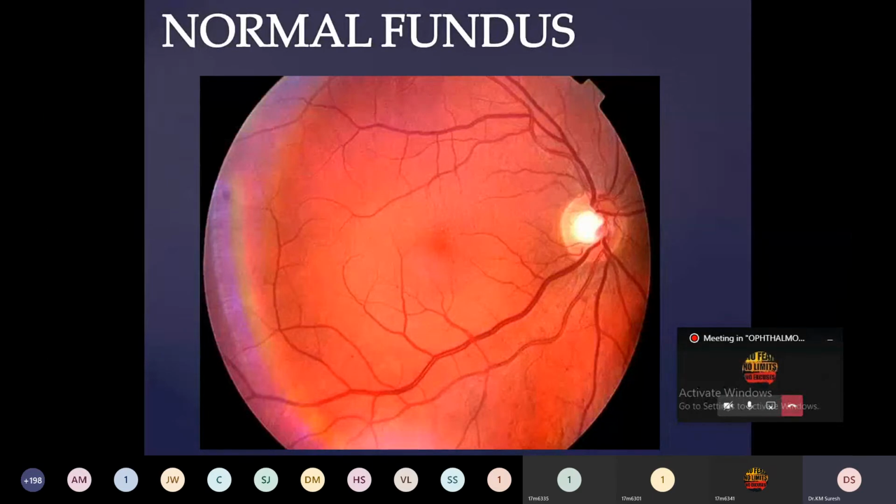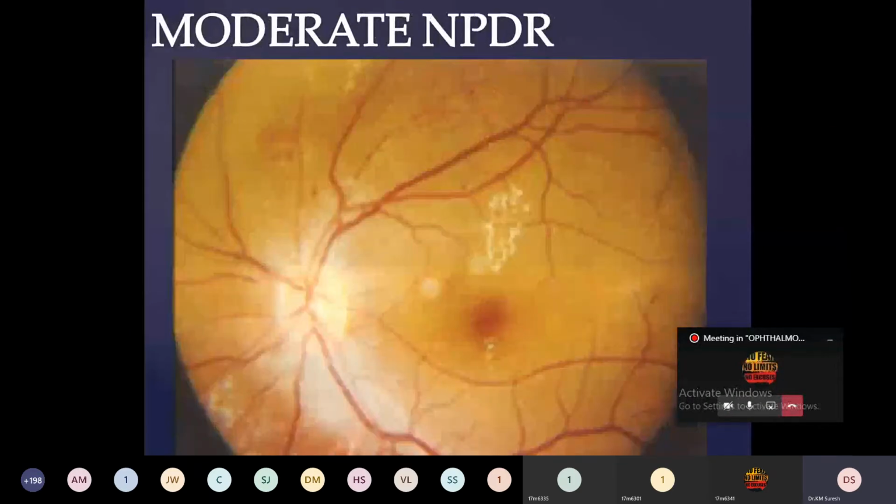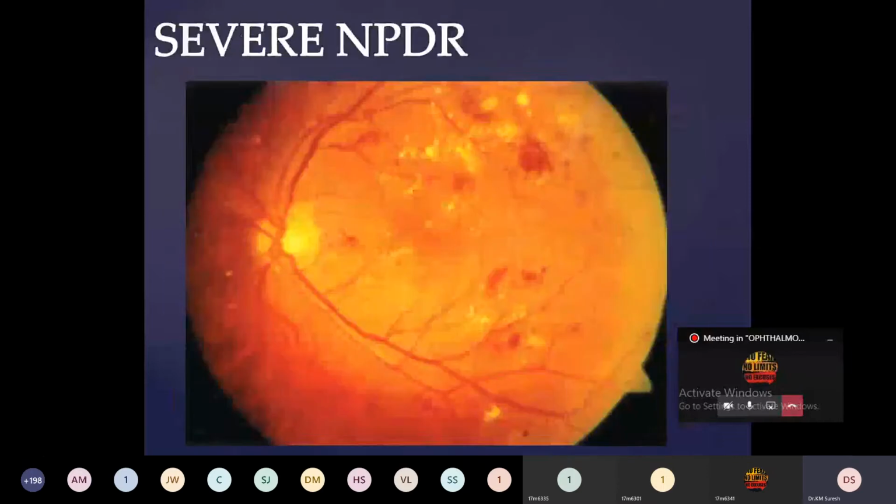You know very well that the retina is transparent, and this color is purely due to the choroid underlying the retina, without any red dots in between. You can clearly see the macula and the vessels, and no abnormalities are there in this normal fundus.